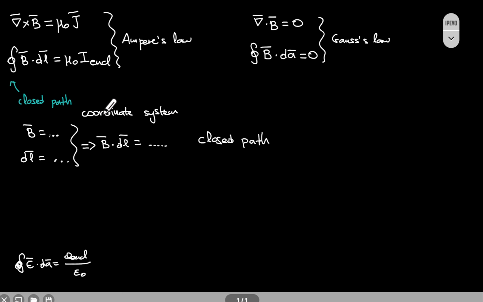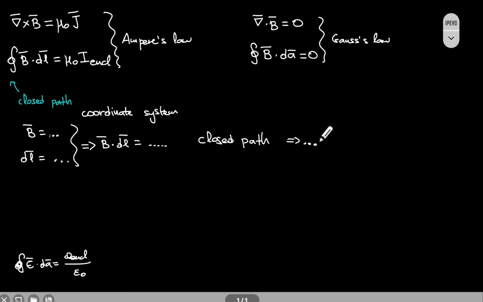But make sure you decide on a coordinate system. Make sure you write the vectors B, the vectors dl, find the dot product, and then with the definition of the closed path, you can move on and finish the problem with all these steps.